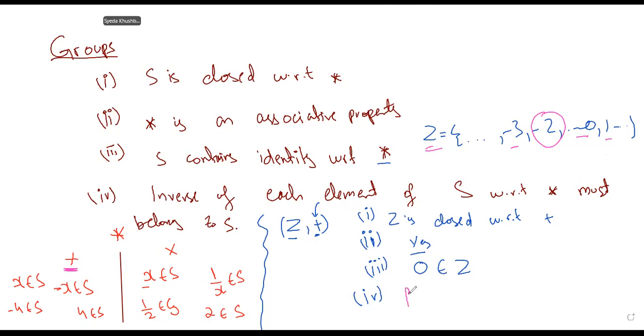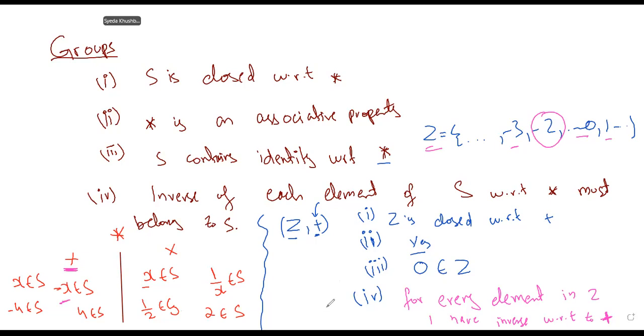So for every element in Z, I have an inverse with respect to addition, okay? Because with respect to addition, we have minus of that element. Are you clear with this?